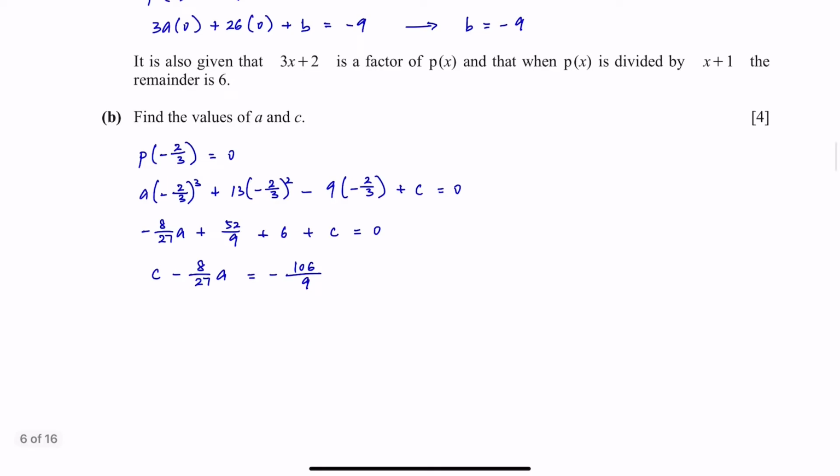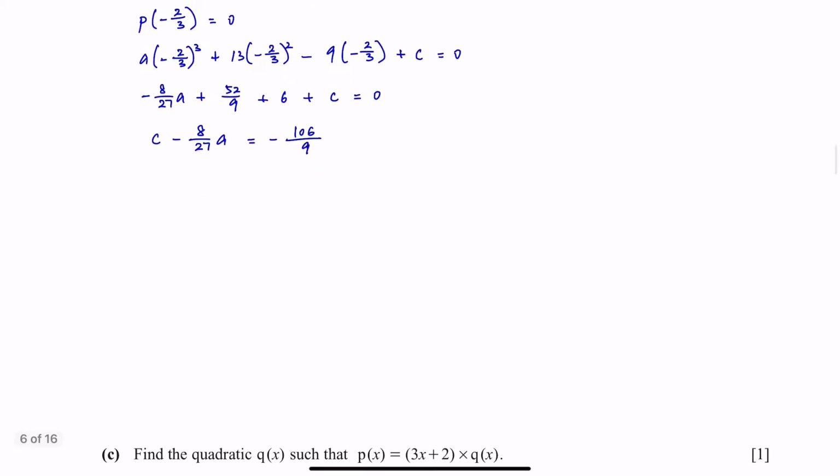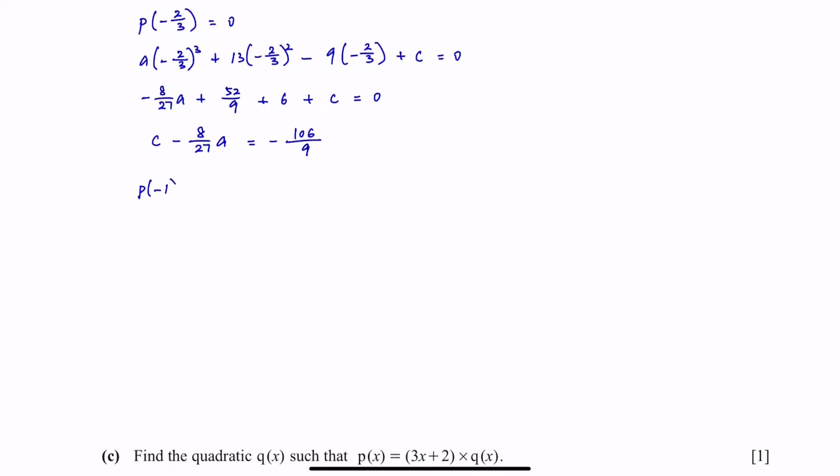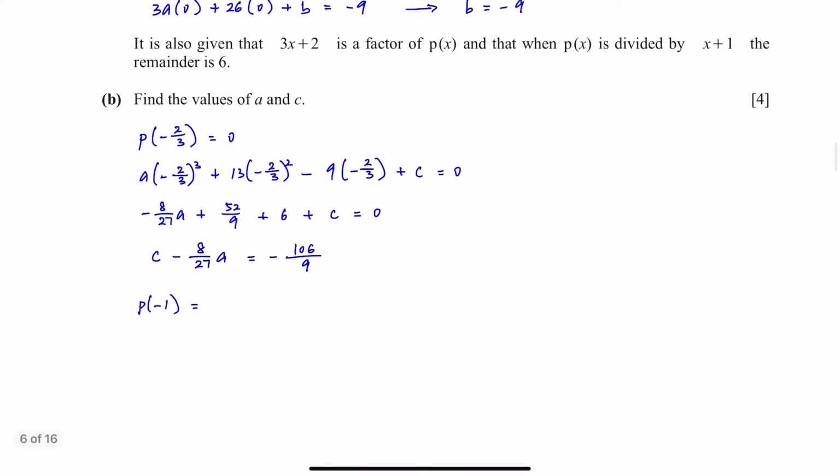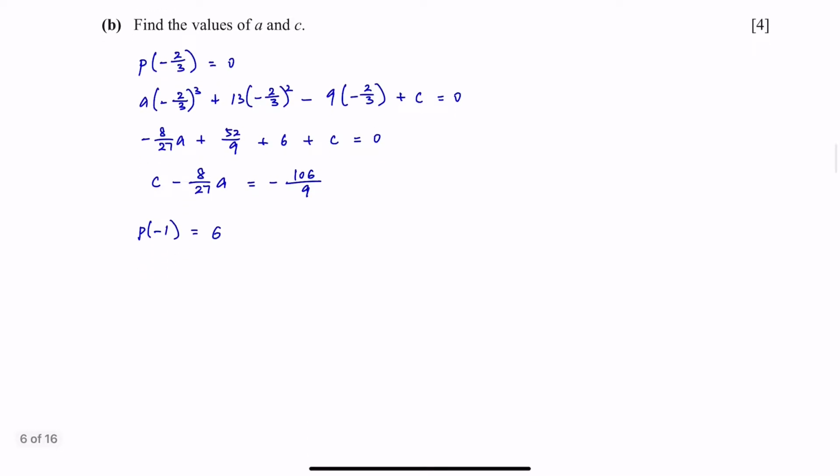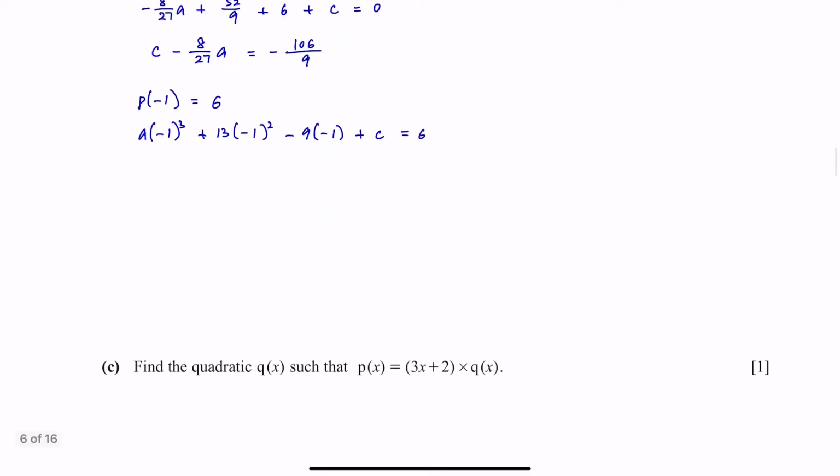So now we can use this one. So p of negative 1 is equal to 6, as 6 is our remainder. So we have a times negative 1 cubed plus 13 times negative 1 squared minus 9 times negative 1 plus c equals 6.